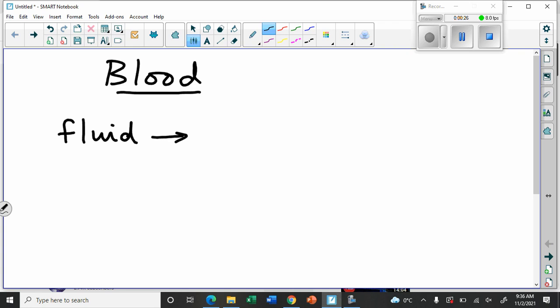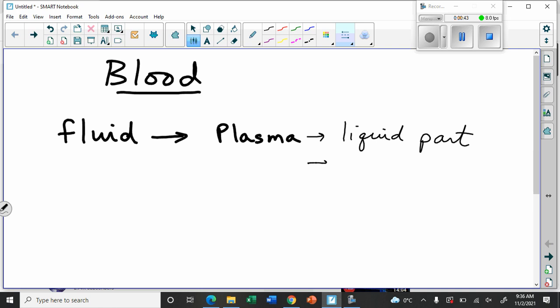So there's what we call the plasma, which is the liquid part of blood. It's sort of like the watery part. And since it's the liquidy part, the plasma has in it dissolved molecules and ions.